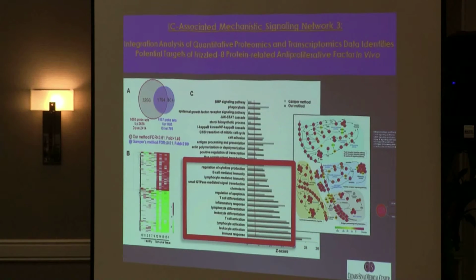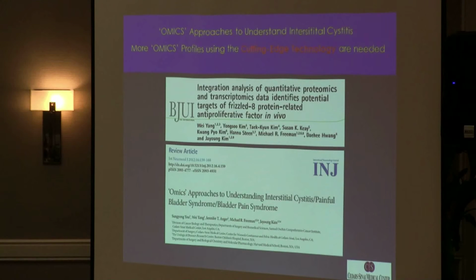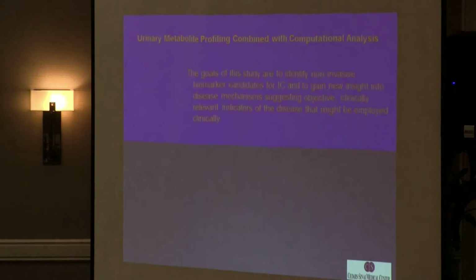One is the in vitro system, the other one is the human system. And we found that inflammation or immune response-related pathways were very much enriched in the IC conditions, which was pretty consistent with the pathological observation in patients actually. So it was interesting. We could have published several papers based on this data.